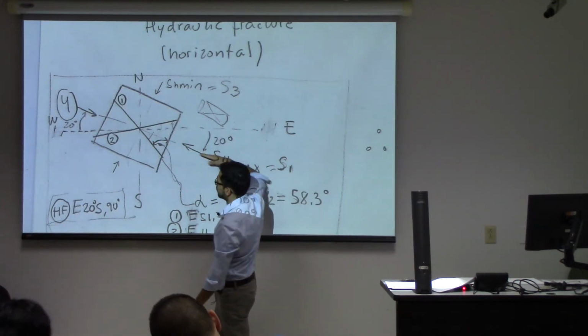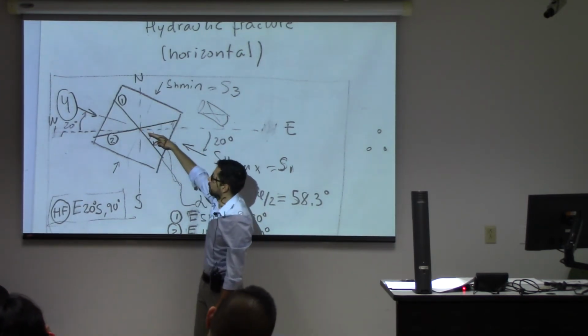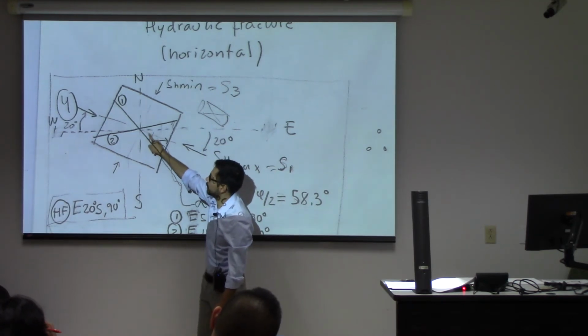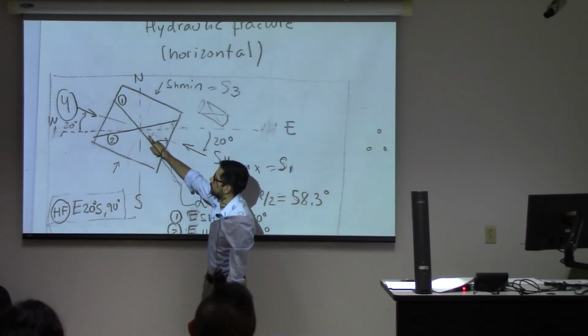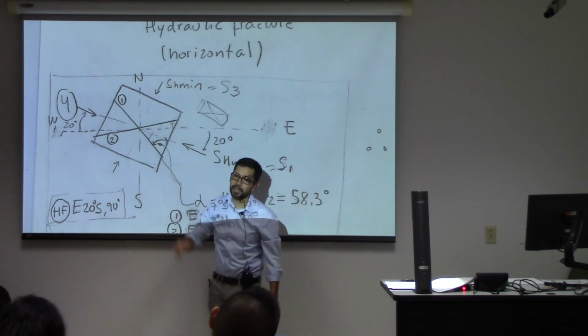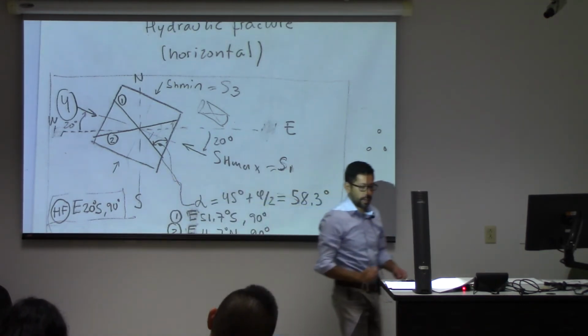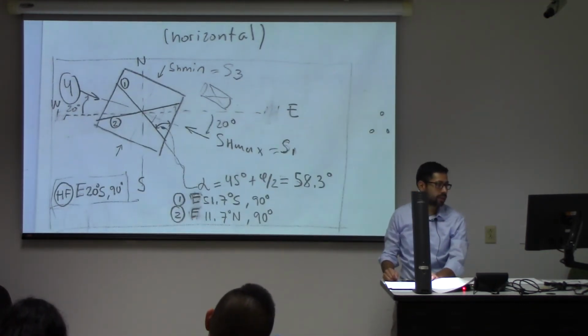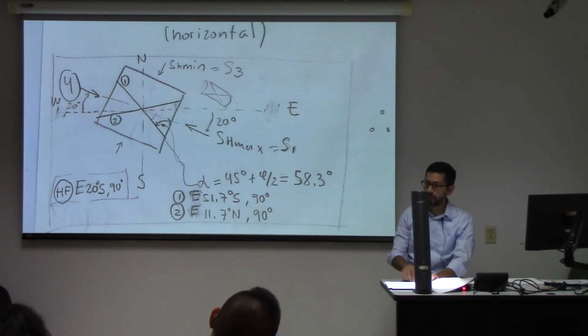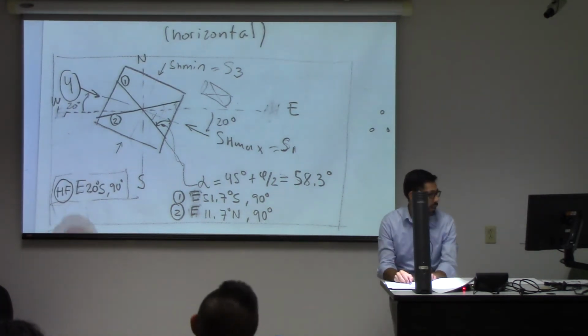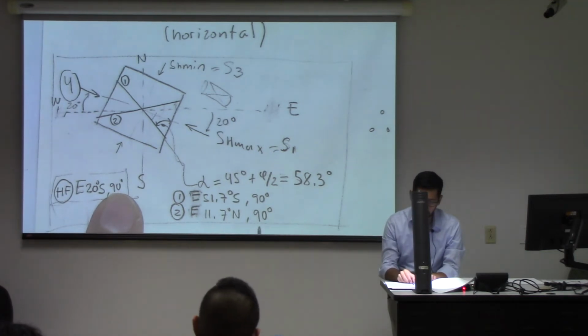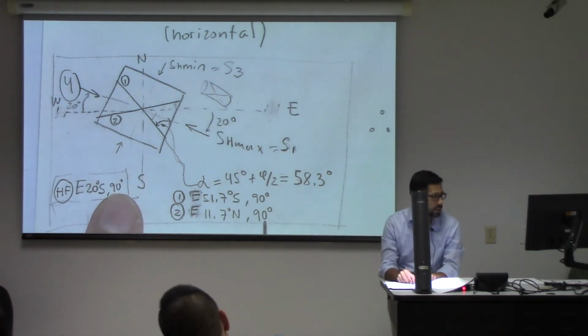So find this direction first. Find what that angle is. That one inside here is the same as that one. And then just add and subtract that angle. And you'll get the strike and dip. As we said before, the dip of this, either a hydraulic fracture or the shear fracture, is going to be 90 degrees.